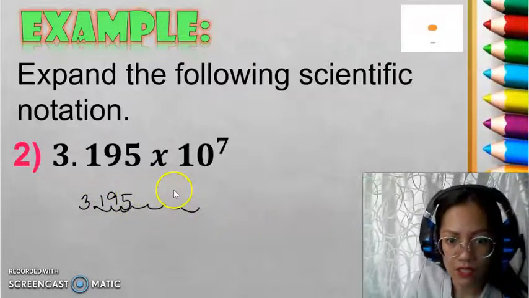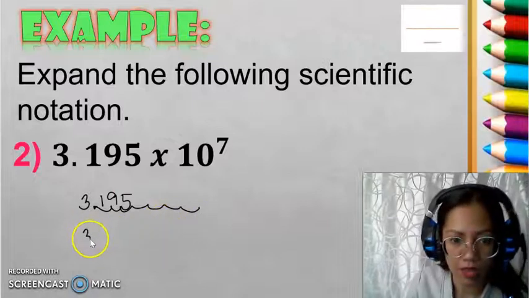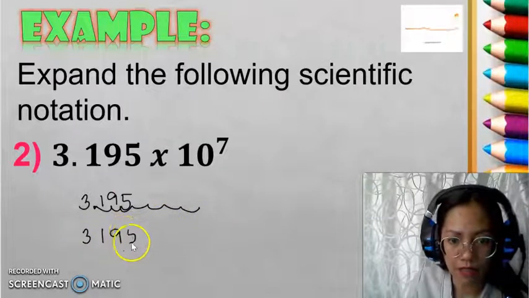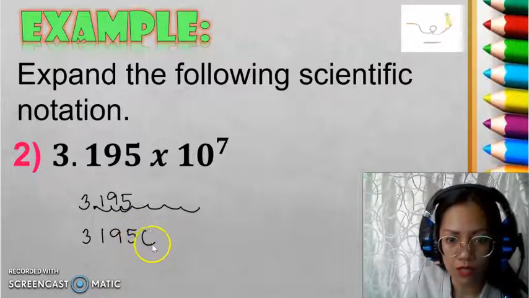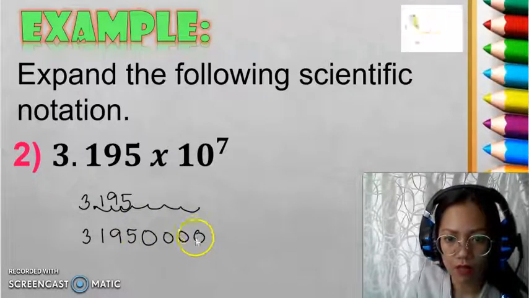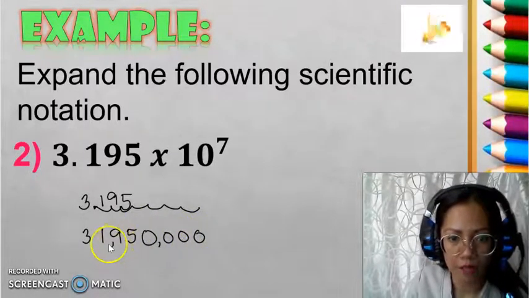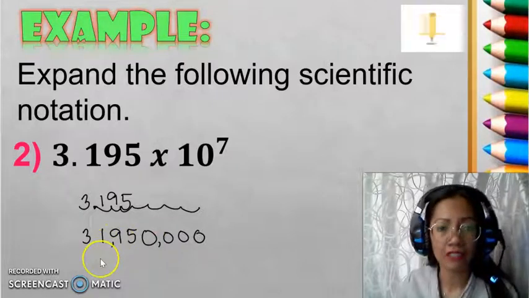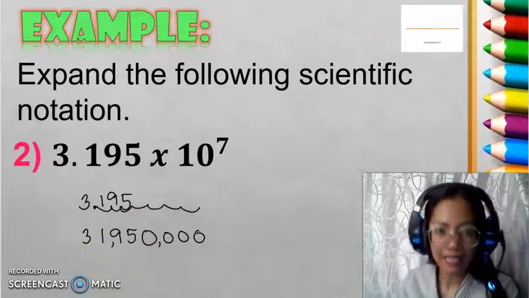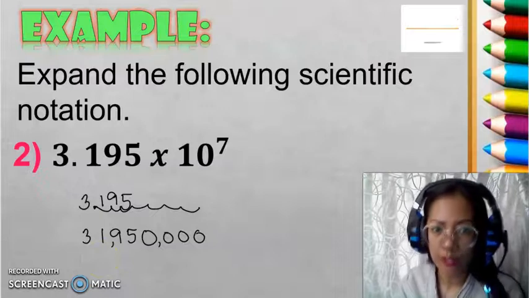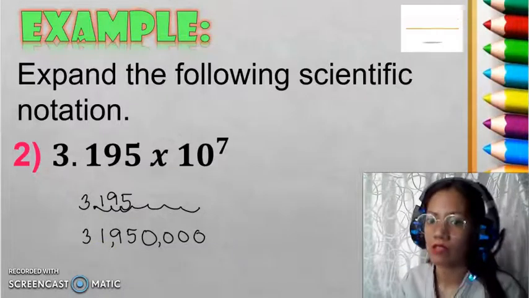And we will be writing zeros there. So we have 3, 1, 9, 5. How many zeros? 4 zeros: 1, 2, 3, 4. So you have there 31,950,000. And that is the expanded form of 3.195 times 10 raised to 7.